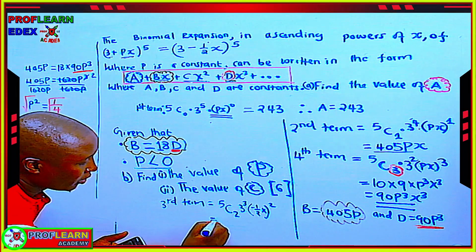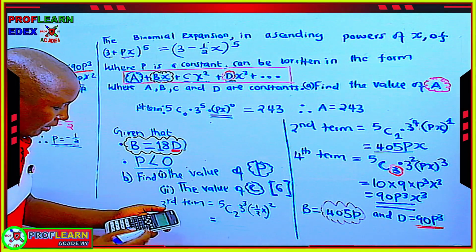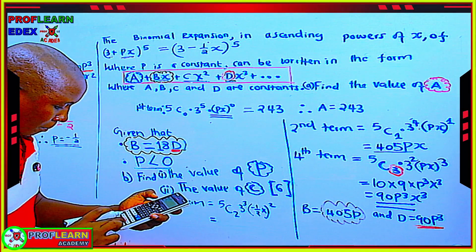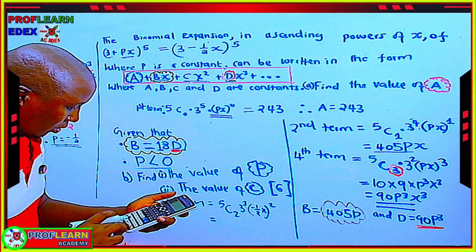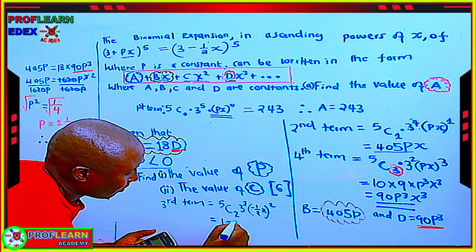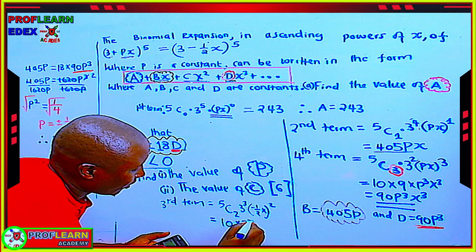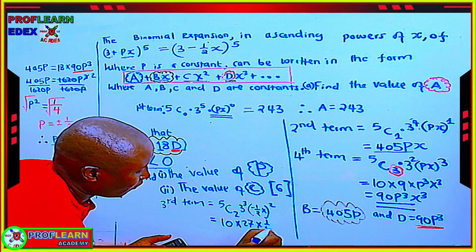If we put this in our calculator, 5 combination 2 is going to give us 10 times 27 times 1 over 4.